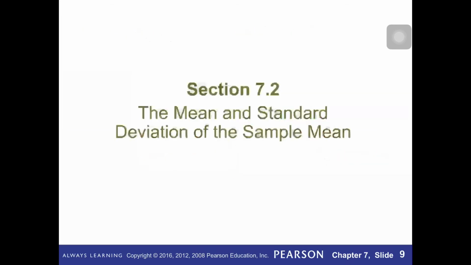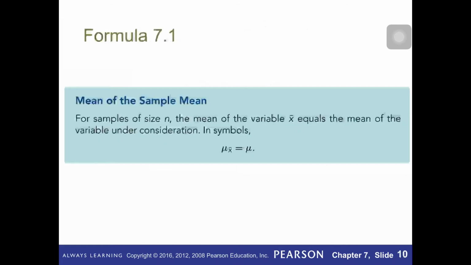Now the mean and standard deviation of the sample mean. For large samples, the mean of the variable x bar is equal to the mean of the population. So the mean of x bar, denoted mu x bar, is equal to the population mean.